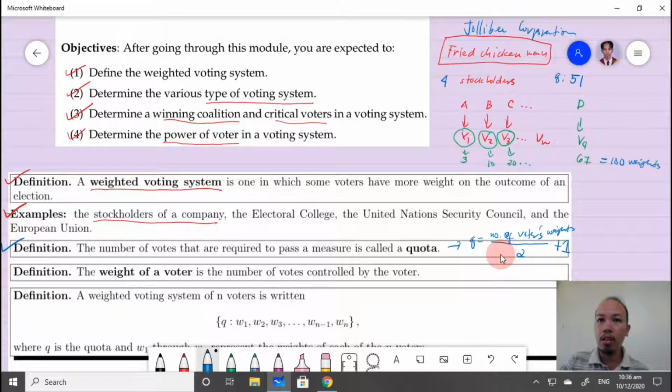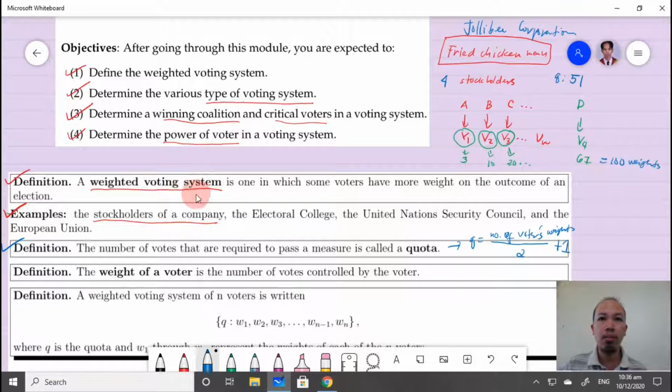If voter D is absent, then the measure cannot be passed, because 20 plus 10 plus 3 is 33, which is not greater than the quota. That's what we mean by the weighted voting system.